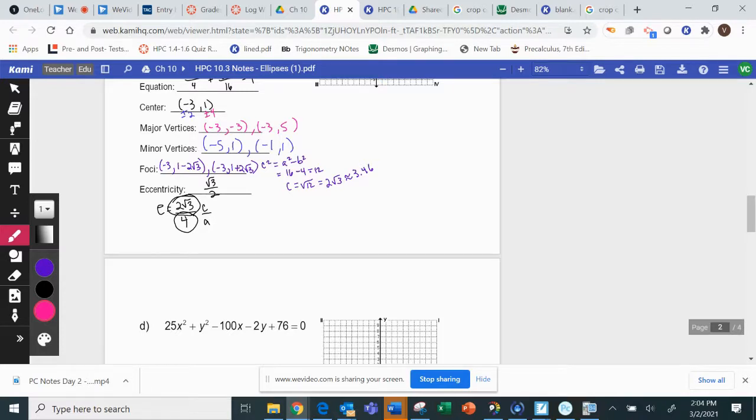Complete the square. You gotta take out the 25 before you can complete the square, but you don't take out that step. What did you divide by 25?